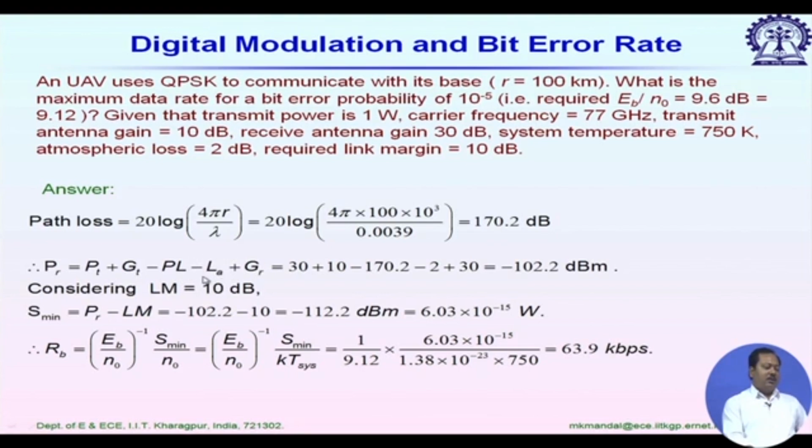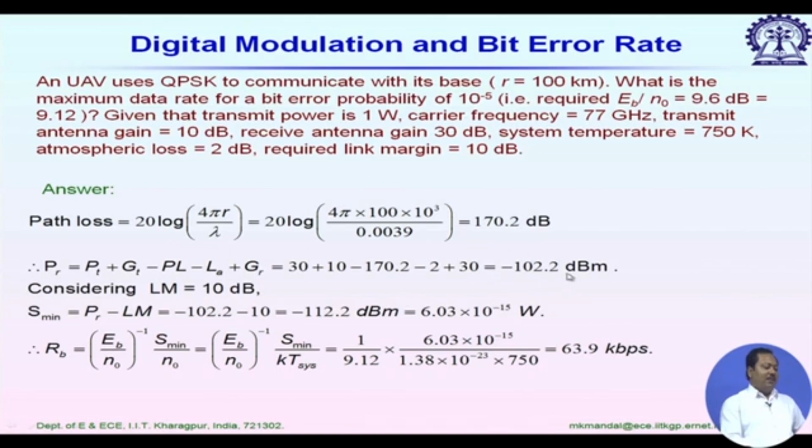Since it is a loss of 2 dB, we are subtracting it. So, putting all the values here, received power is minus 102.2 dBm, very small.